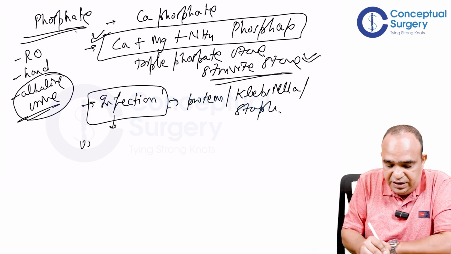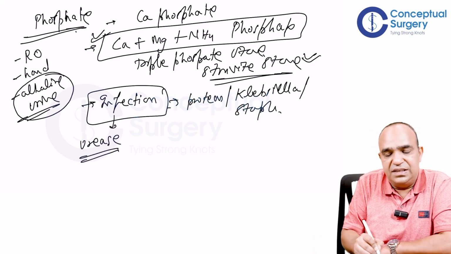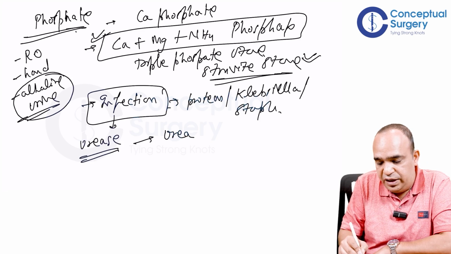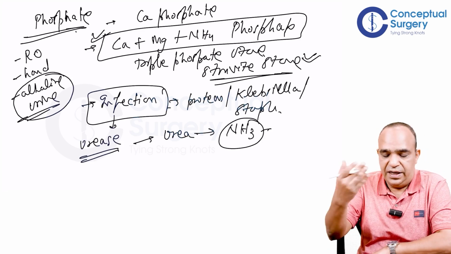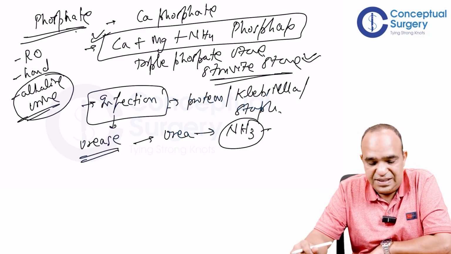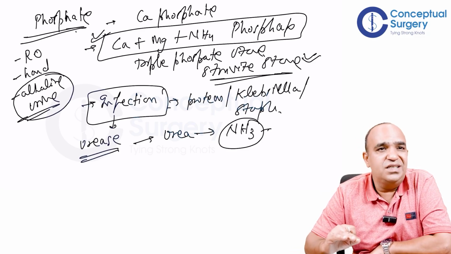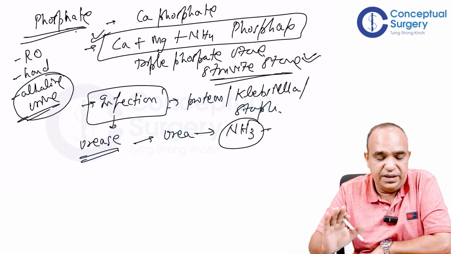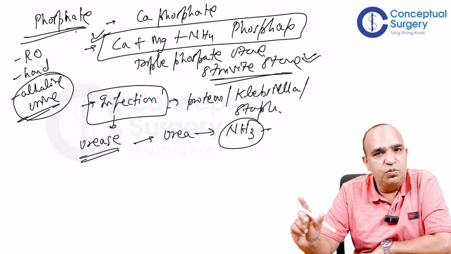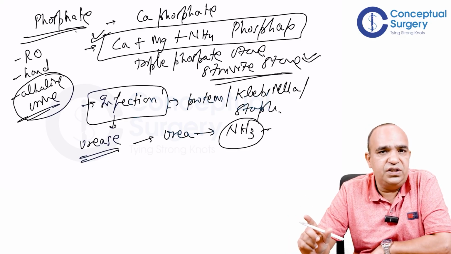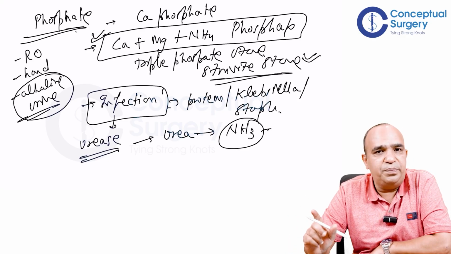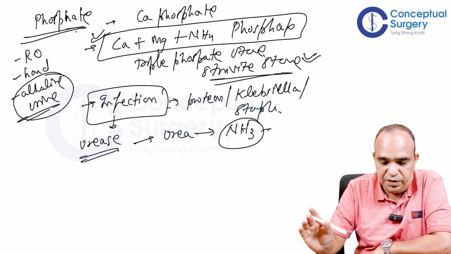They release the enzyme urease that splits urea into ammonia. Ammonia makes the urine alkaline and the stone gets formed. This is the reason. So if you know this, then you will not forget that phosphate stone is specific. So it is the most common stone associated with infection, and the only stone that precipitates in alkaline urine.